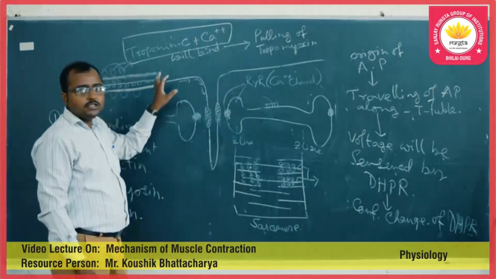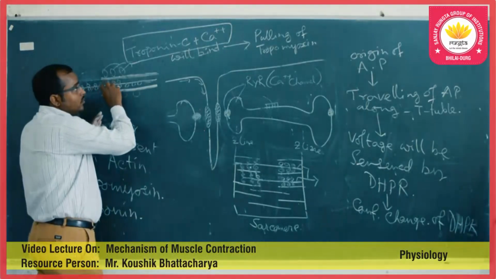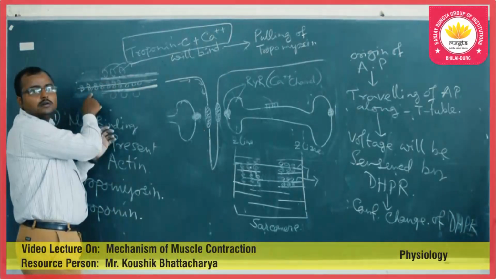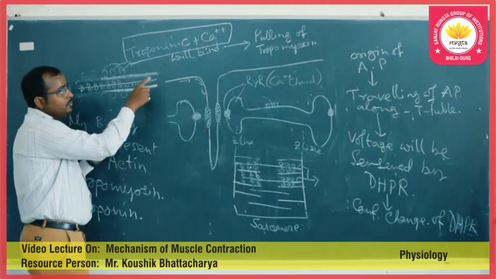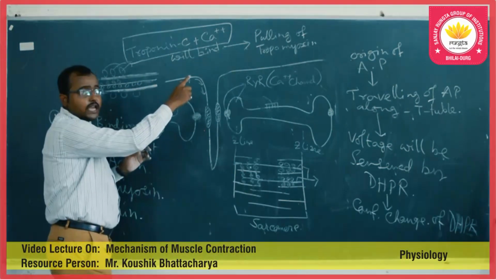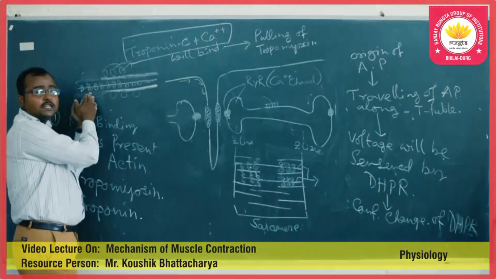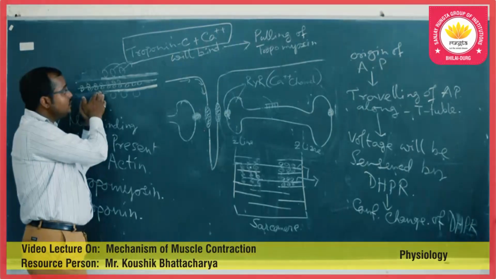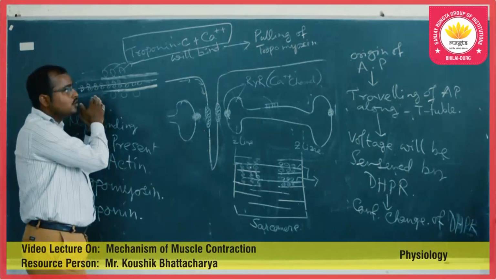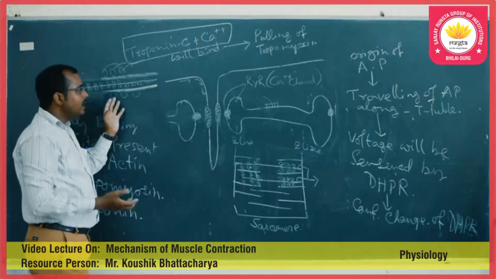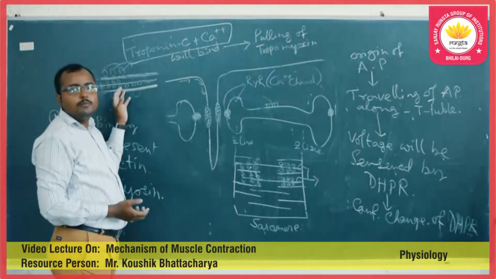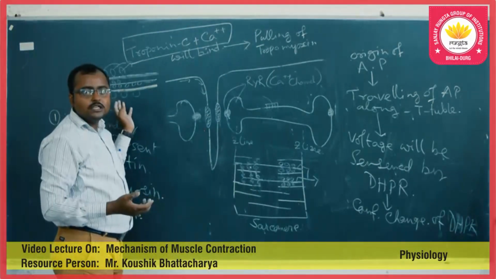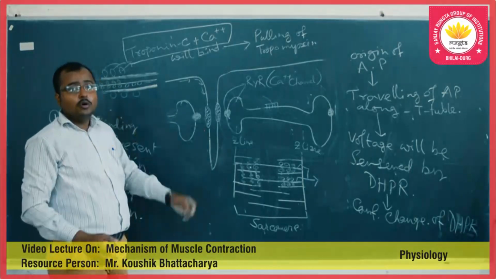So what will happen? This tropomyosin was helping to cover the myosin binding sites. Since the pulling of tropomyosin is taking place, the myosin binding sites present on the actin will be uncovered, so that the myosin heads can easily attach to them.